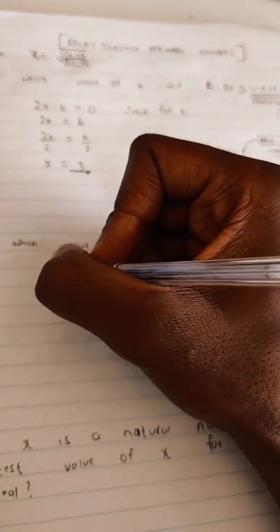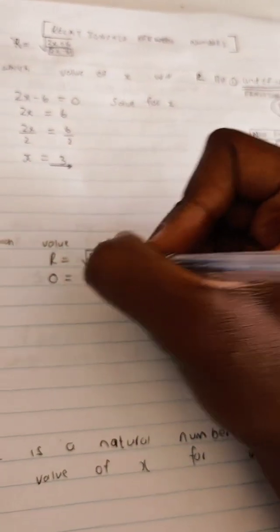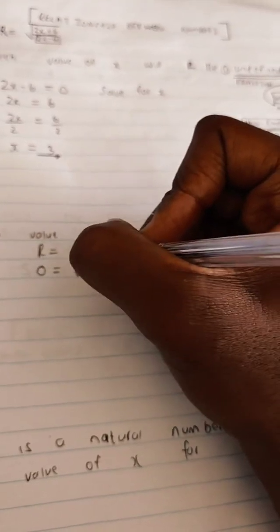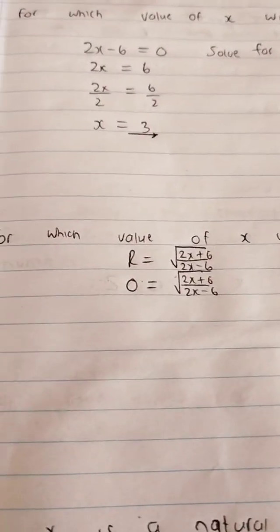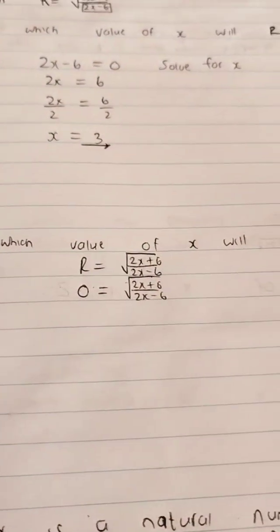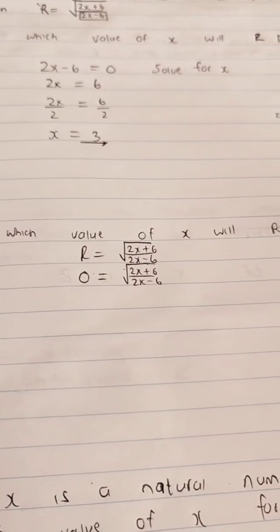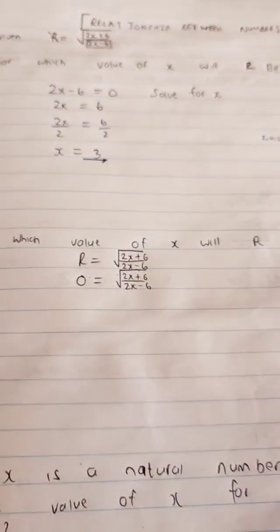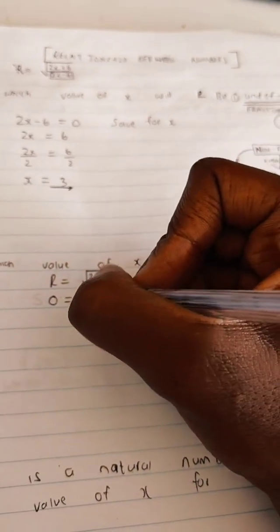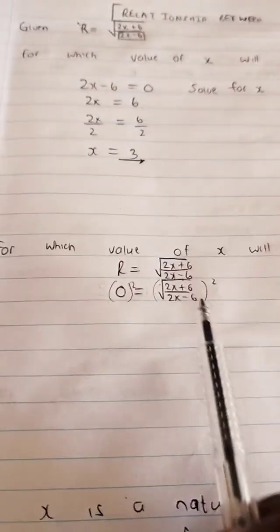and all we do is substitute 0 in the place of r, and our goal is to just solve for x. That's it. Okay, so in order to do that, we're obviously going to square both sides.